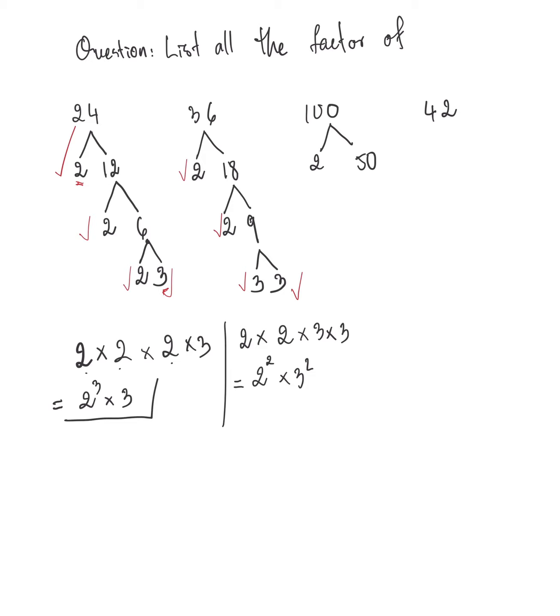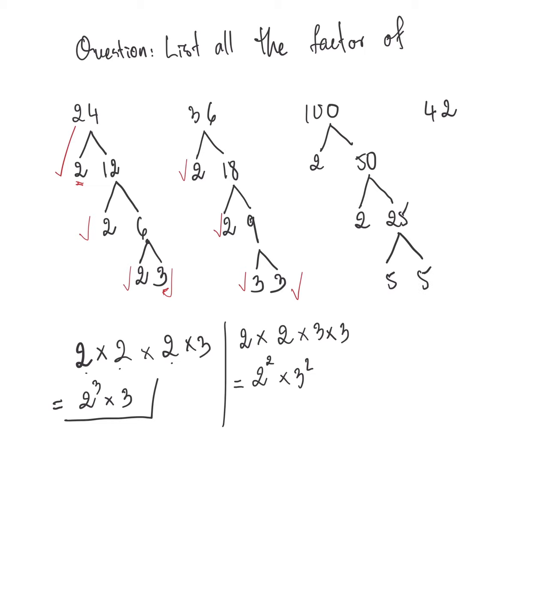Think about what number multiplied by what number gives 50. I'm going to say 2 multiplied by 25, because 2 times 25 is 50. Now 25 is not a prime number yet, so I'm going to move to the next step. I'm thinking about 5, because it's in the timetable of 5. So 5 multiplied by 5 is 25.